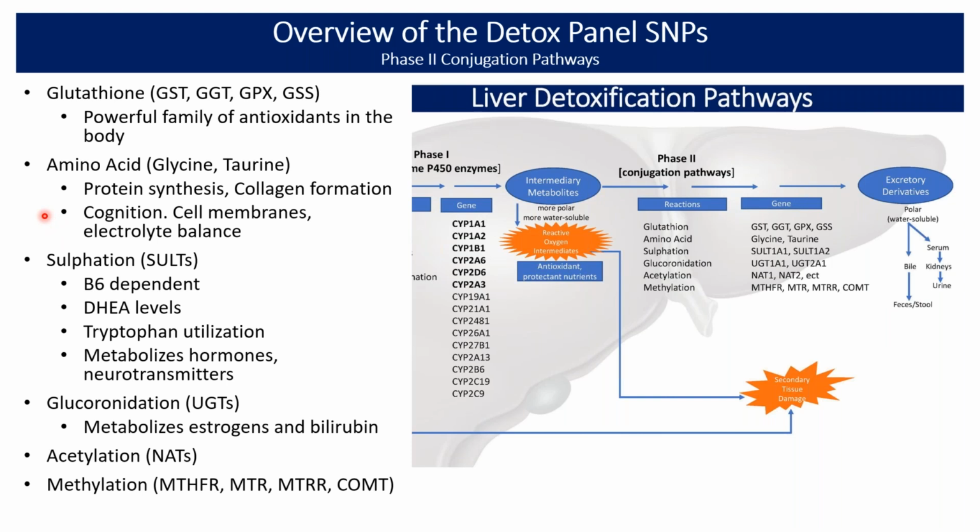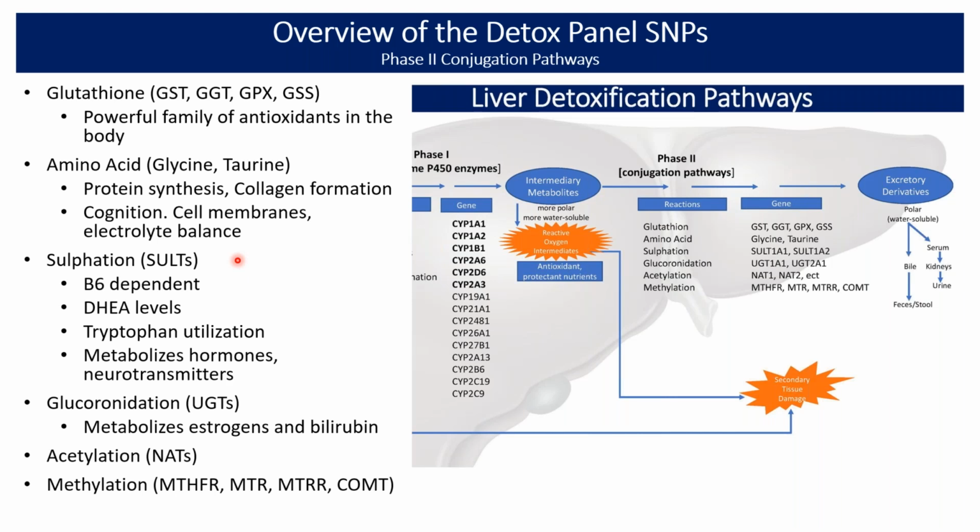I found that when I was speaking to my patients and telling them that they have to do a better job with their nutrient intake, once they understand that there's a genetic propensity to always need more, they seem to be much more compliant. On the detox pathway, there's also the SULTs, the sulfation, which are B6 dependent.